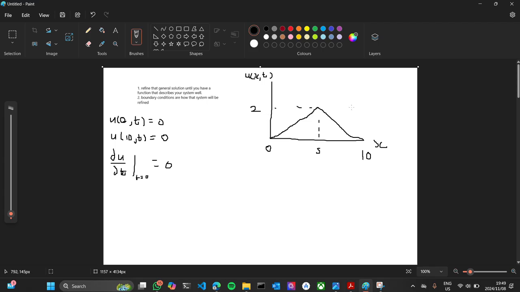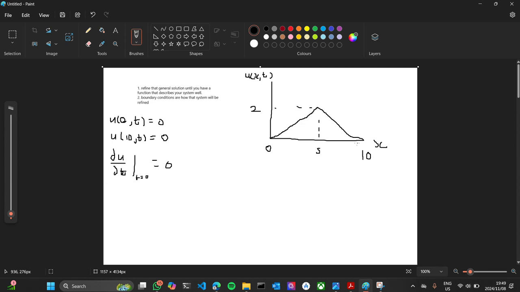Then we need to take a look at the displacement of a specific point P on the string. As you go along this x-axis, how can we find the displacement of a specific point?